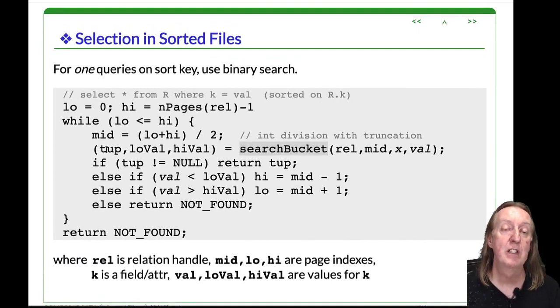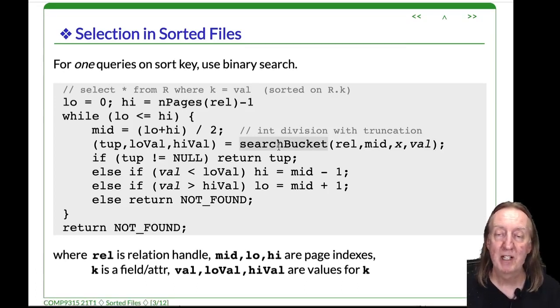They return a tuple, possibly. If the tuple you're looking for, the tuple with attribute k equal to value, isn't in this page, then this will be set to null. The other things that we return from a search of the bucket are the lowest key value in the bucket and the highest key value, so minimum and maximum key values.